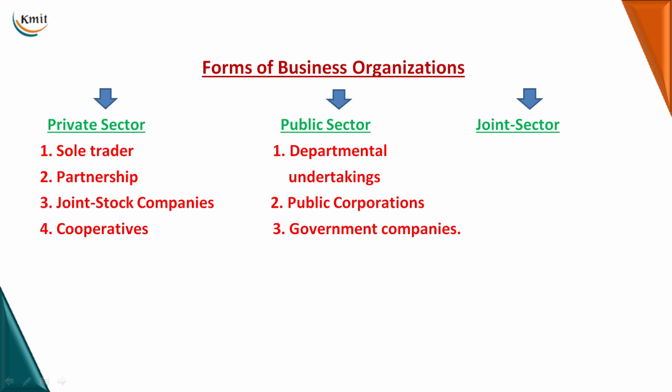Under private sector, these are the listed forms of business organizations: sole trader, partnership, joint stock companies and cooperative societies. Under public sector, the forms of organizations are departmental undertakings, public corporations and government companies. And joint sector is another form of business organization.